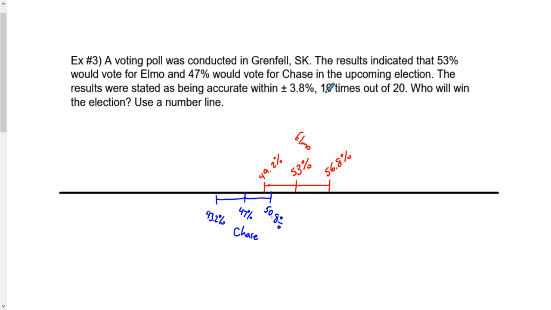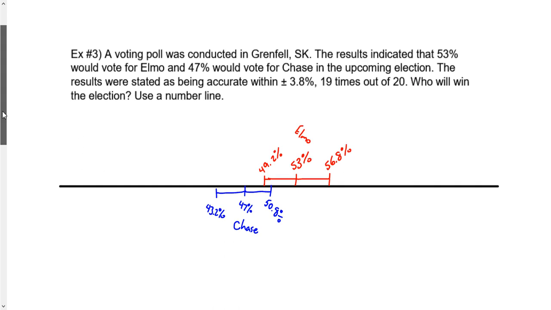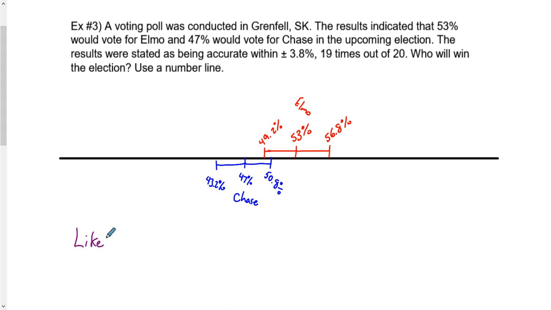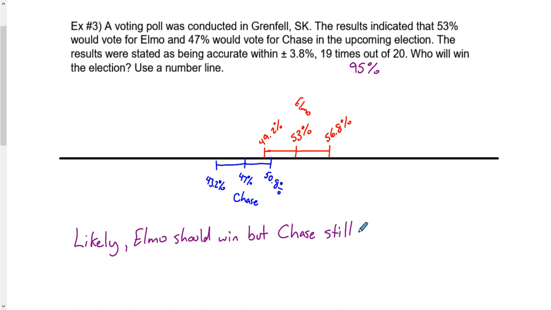So if it's accurate 19 times out of 20, who will win the election? Likely, Elmo should. But because you're only accurate 95% of the time, Elmo should win, but Chase still has a chance.